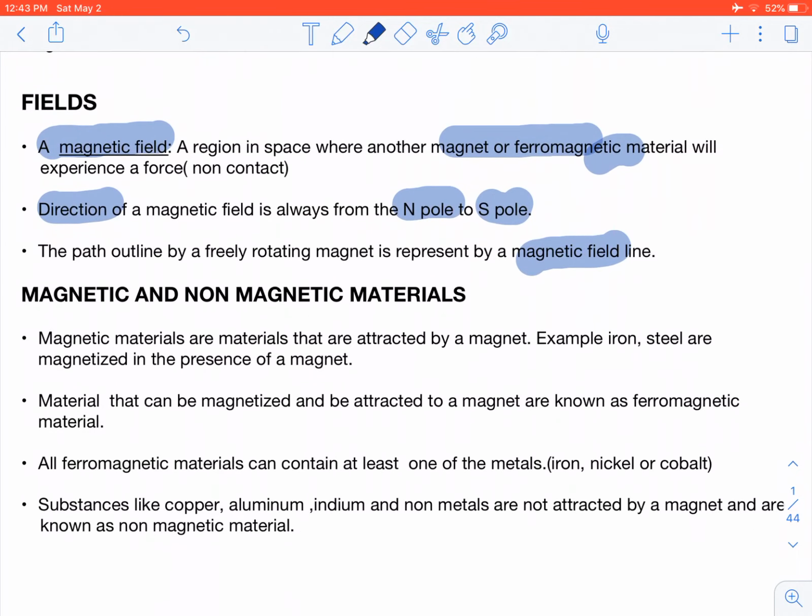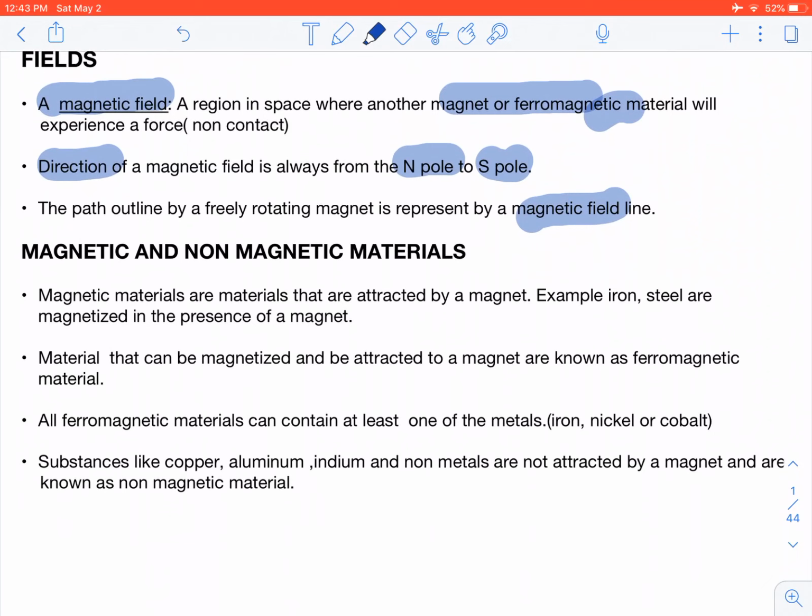Magnetic and non-magnetic material. Right, so we've got magnetic materials. They are essentially attracted by a magnet. For example, iron and steel are magnetized in the presence of a magnet. So they get attracted in a magnetic field.